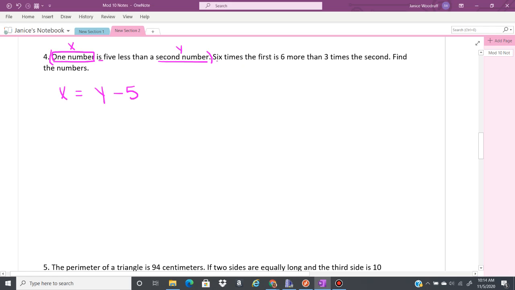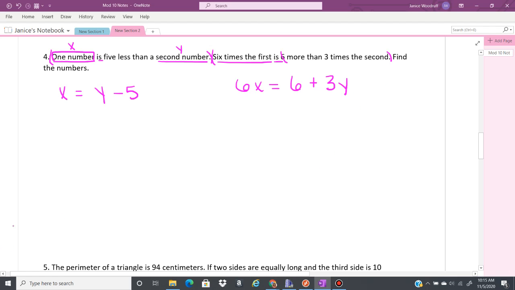All right, so then our second sentence, 6 times the first number, remember the first number is X. So 6 times the first, that's 6X, is, there's your equal sign, 6 more than 3 times the second. So 6 more than, so 6 plus 3 times the second number, which we said was Y. Find the numbers.